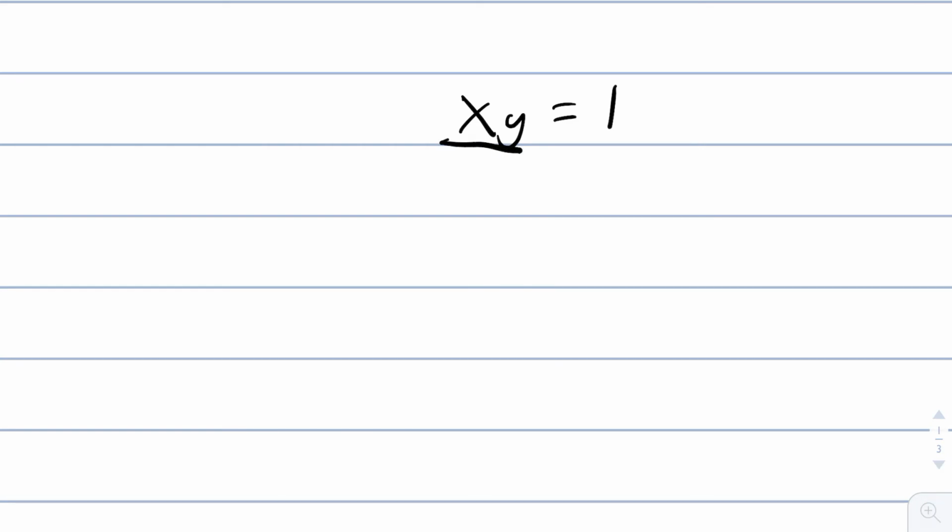Alright, so realize that this, if we're not going to do anything, that's the product rule right there. So that's x. Now y, what is the derivative of y? We can just call it dy/dx, derivative of y relative to x. And then plus, derivative of x, that's just 1, and y.